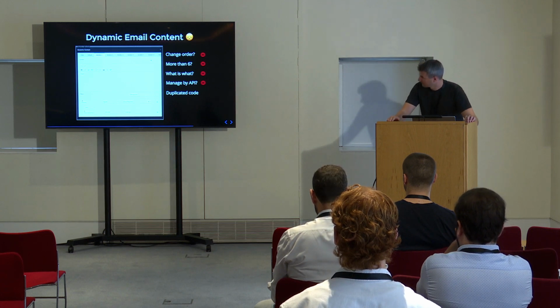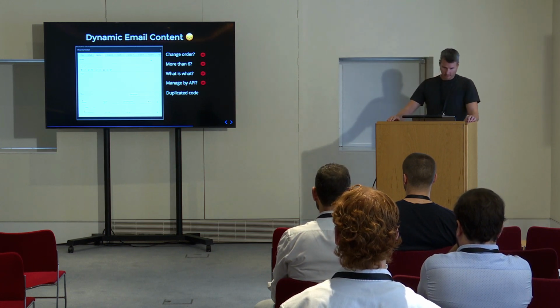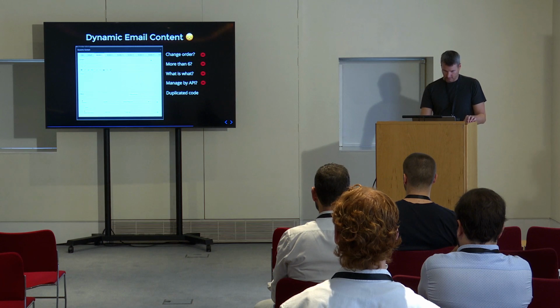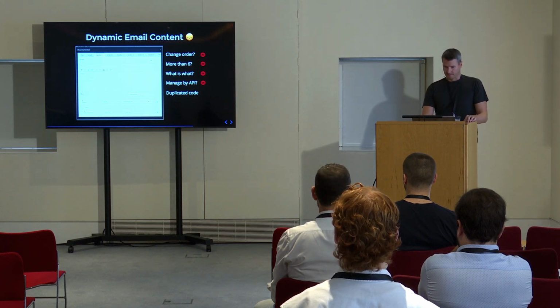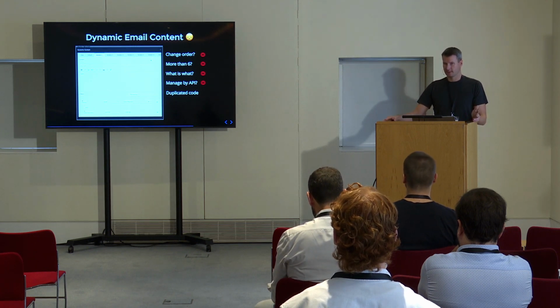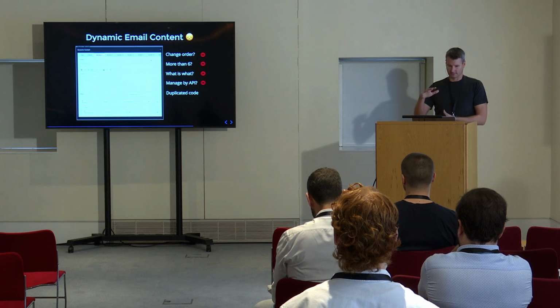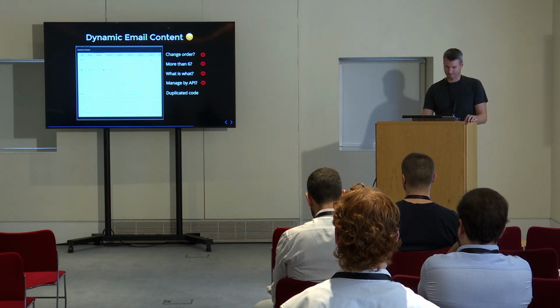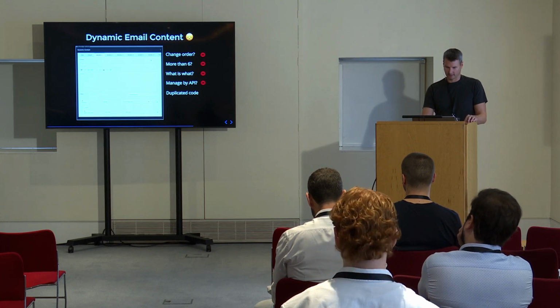And if you try to add more than 6, you run out of space. So you can basically just use 6.5. And when you want to manage it by API, it's very difficult because it's just an array of variations, and it's hard to work with.